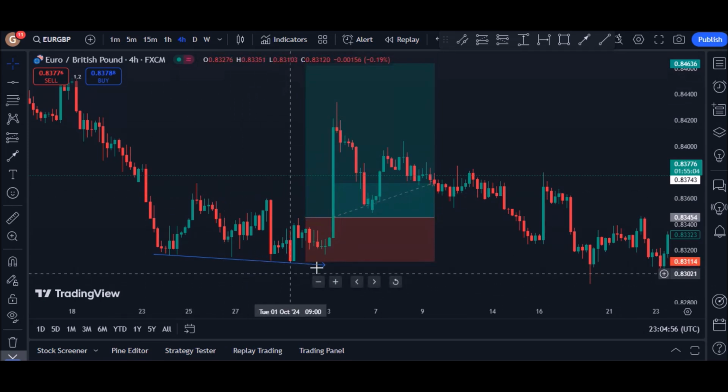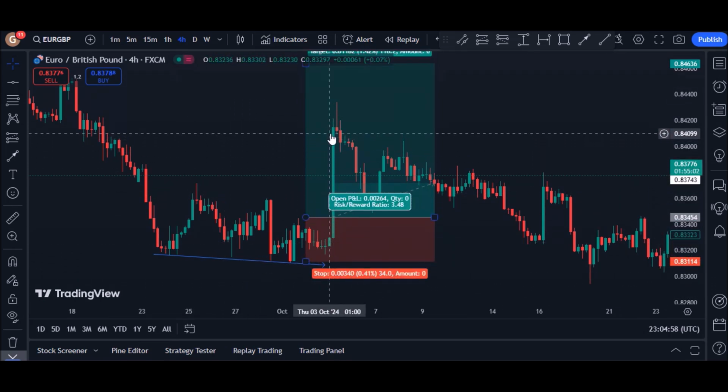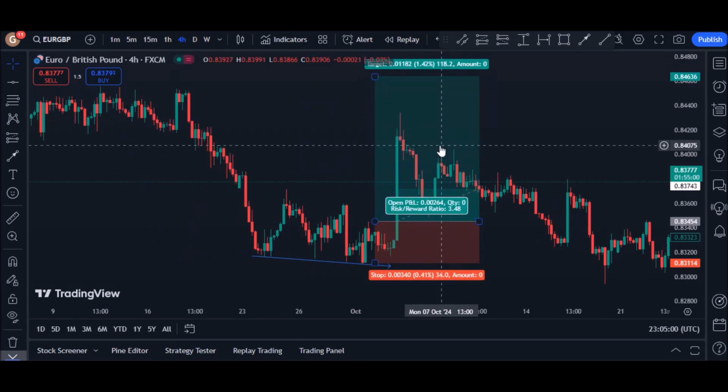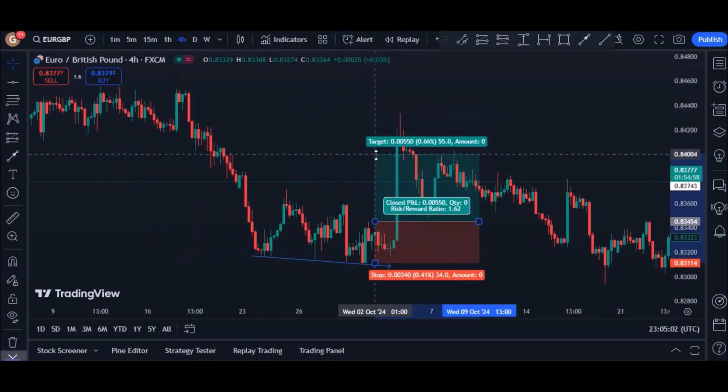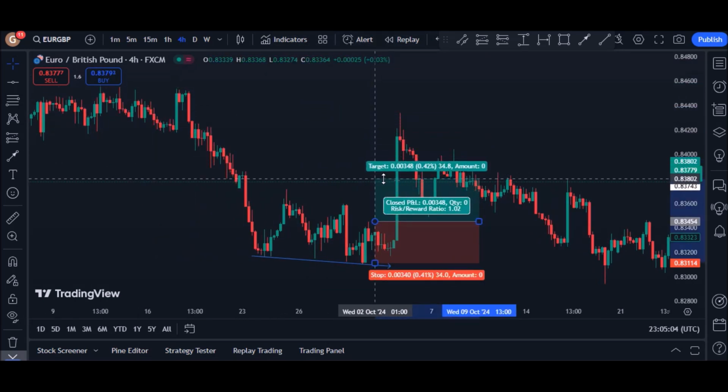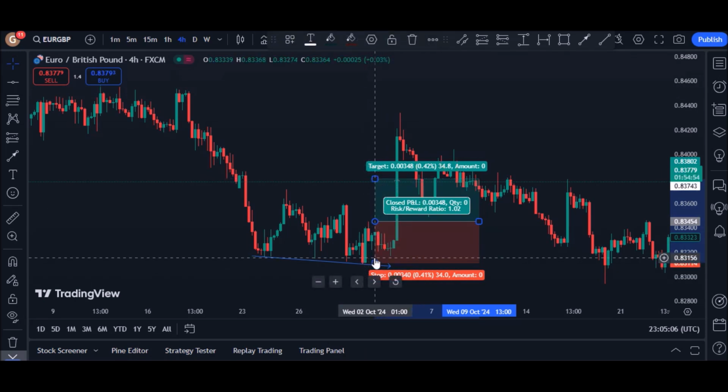And then you see this bullish move here. So when price gets to 1:1, I break even, and then I let the trend run to either hit my take profit or stop loss.